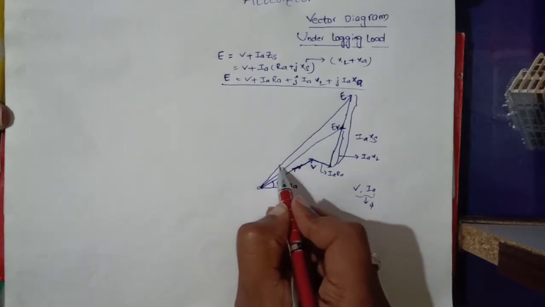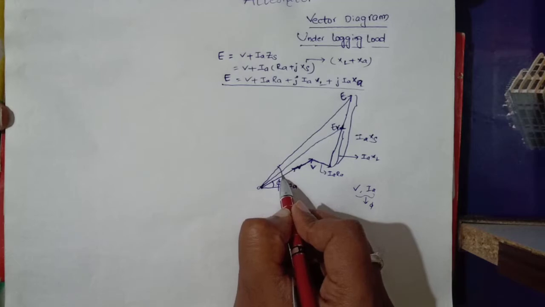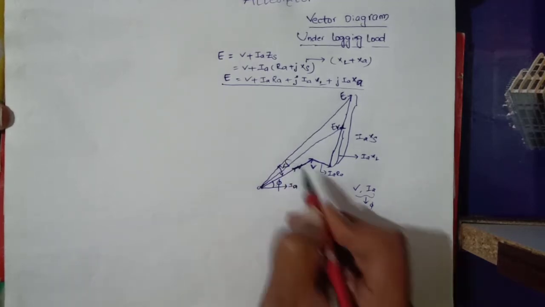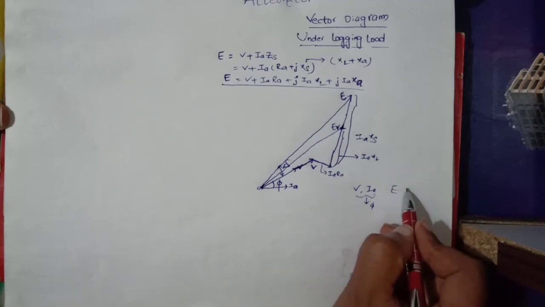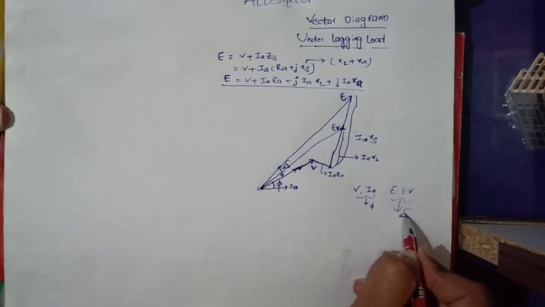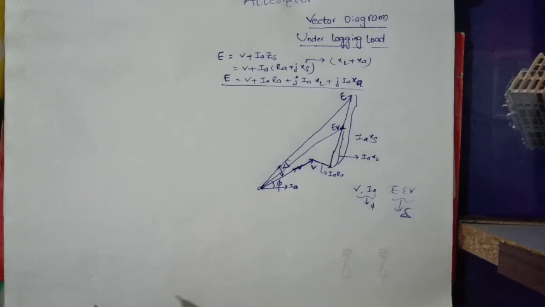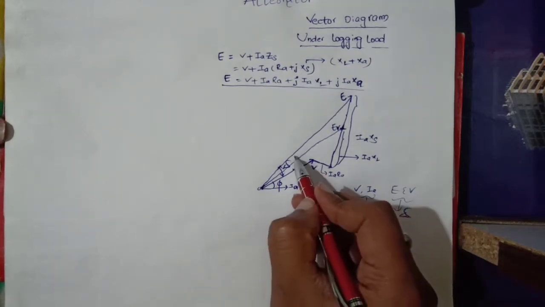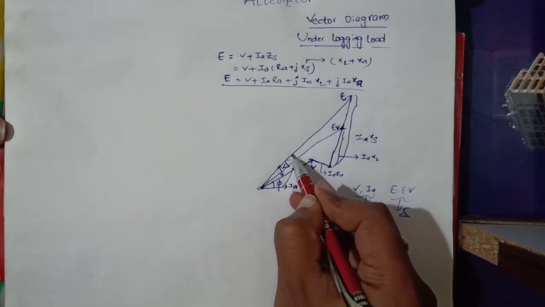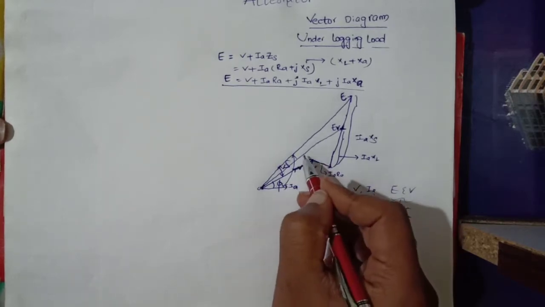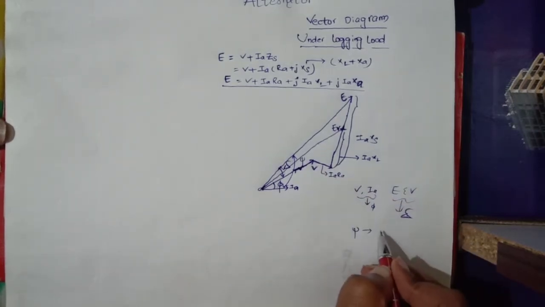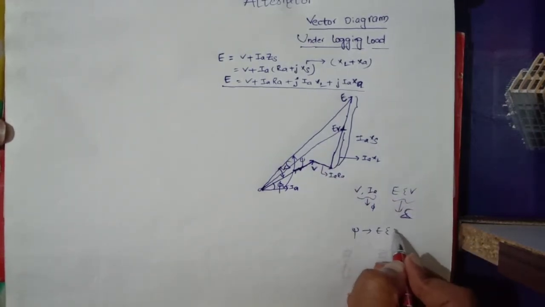Between E and V, this is delta, the load angle. Between E and I, this is a complete angle, which I am indicating as psi. Psi is between E and IA.